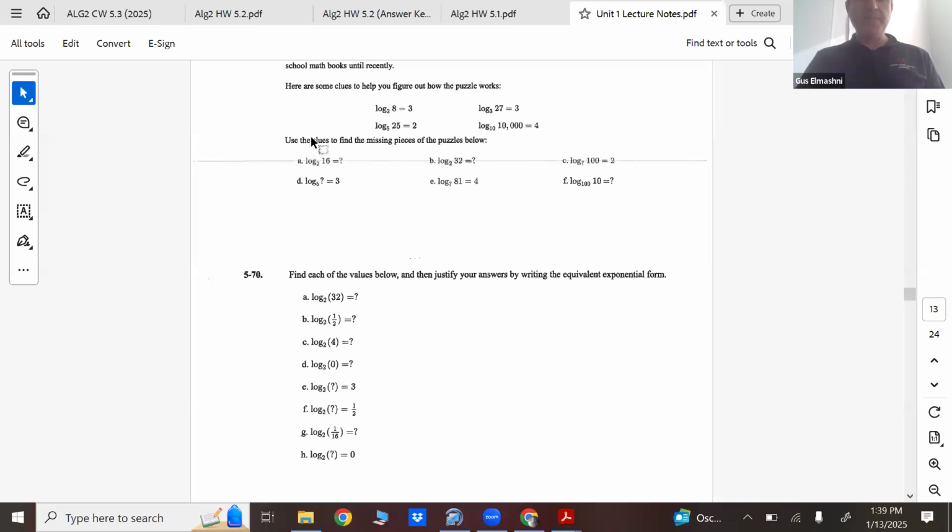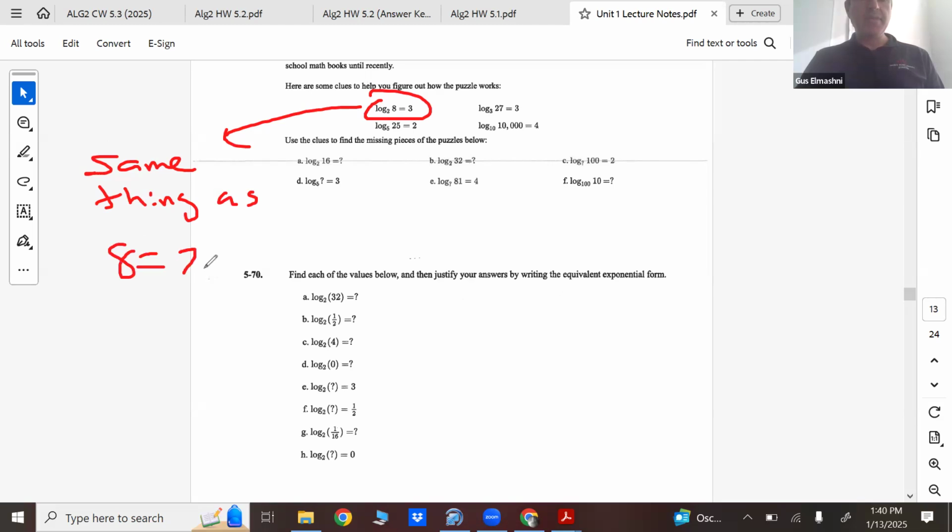It's kind of funny. So this is the same thing as 8 equals 2 cubed. This is the same thing as saying 27 equals 3 cubed. So we're looking for patterns.